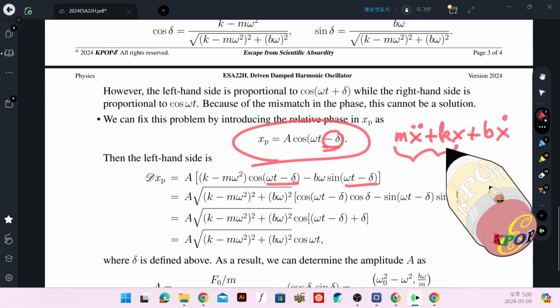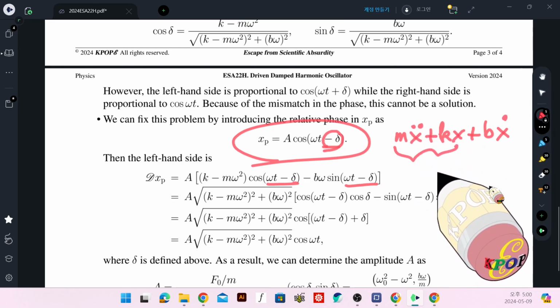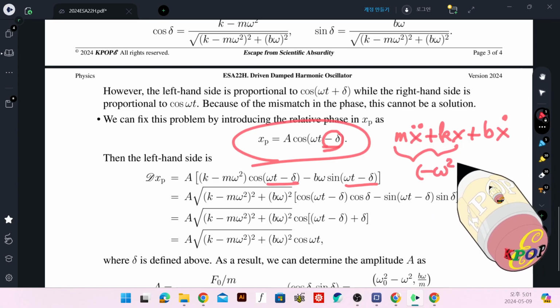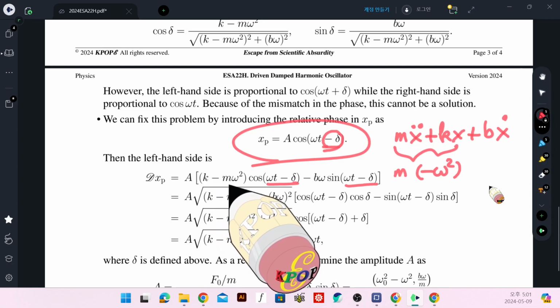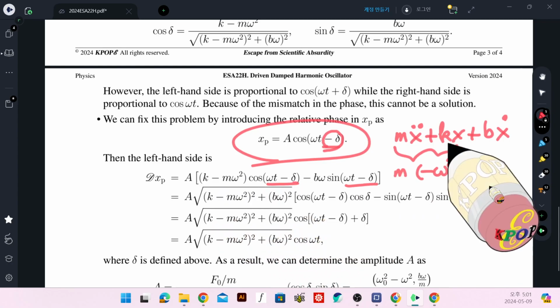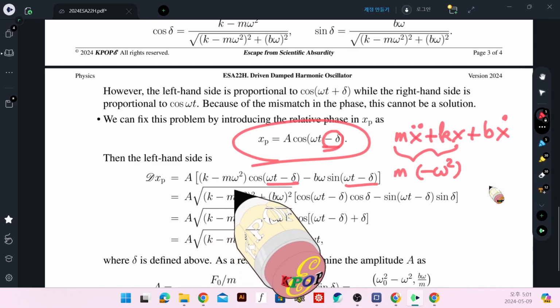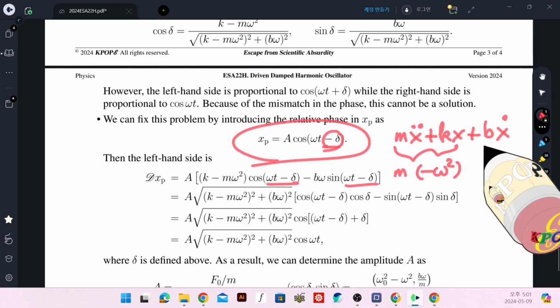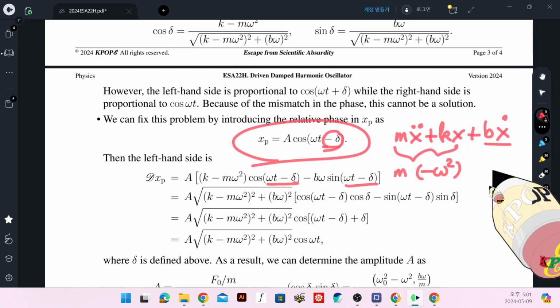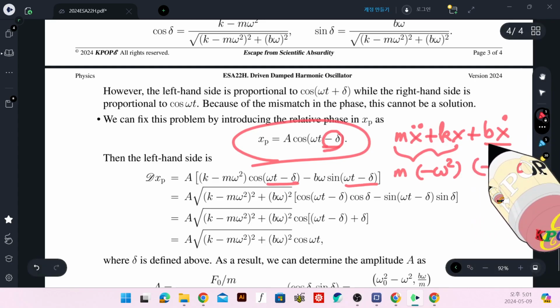The double time derivative brings in minus omega squared cosine, so minus m omega squared cosine. Kx is simply k, so k minus m omega squared times cosine of omega t minus delta. And here the derivative brings in minus omega b, and cosine becomes sine.